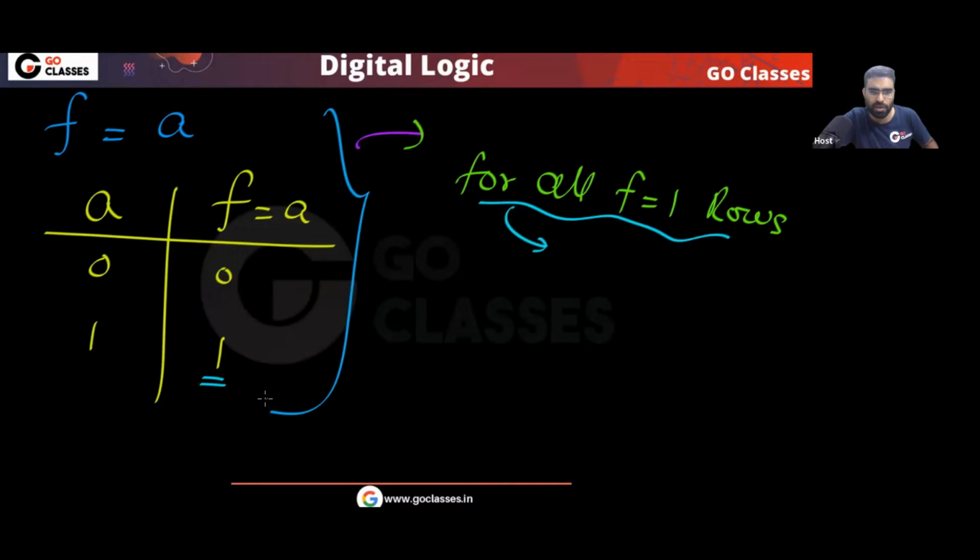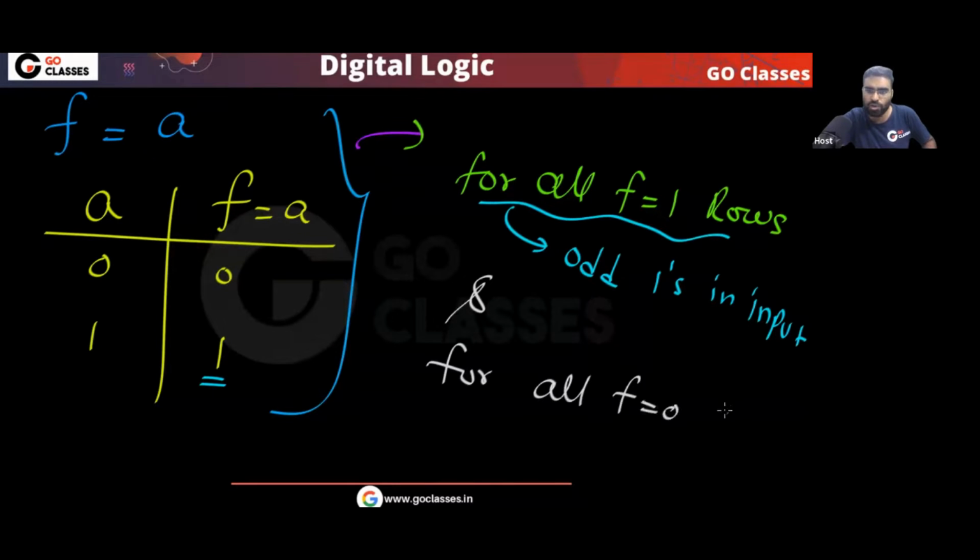Whenever f is equal to 1, in those rows the number of ones in the input is odd. And for all f equal to 0 rows, you can see whenever f equal to 0, you have an even number of ones in the input.